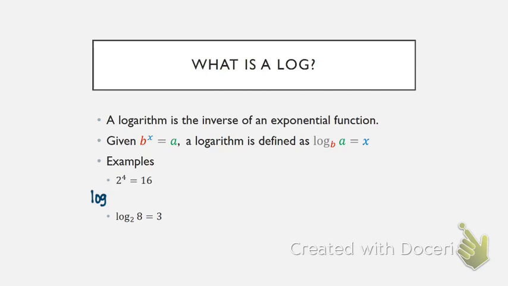So, in the first example, the exponent has a base of 2. It's 2 to the 4th power. So again, the exponent has a base of 2. Therefore, I will log base 2 both sides. But if you notice, I'm not changing 2 to the 4th or 16. Nothing changed here, except that I put a logarithm with base 2 on both sides.